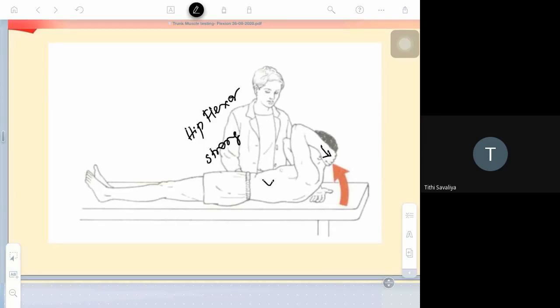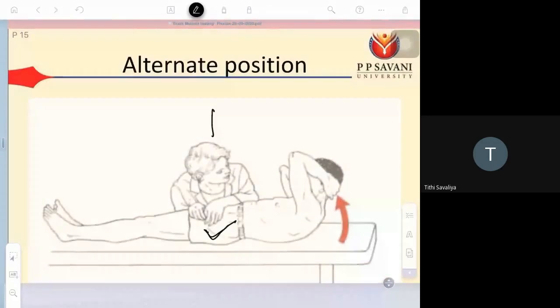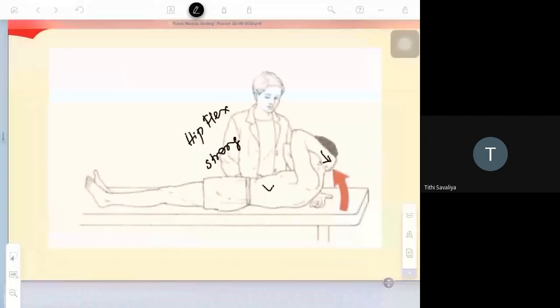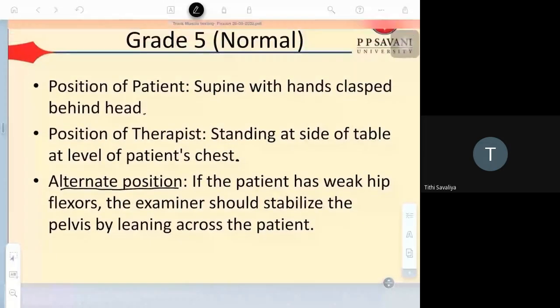So this is the difference. So this is alternate position for physiotherapist. Position of patient is same. Position of therapist changes according to the flexor muscle strength.